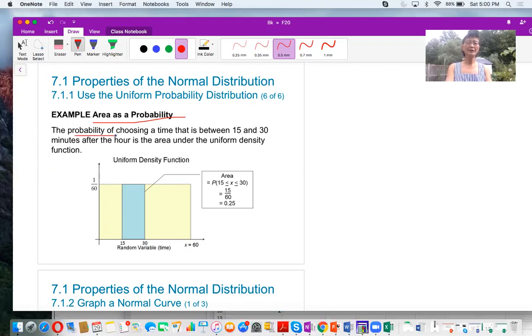The probability of choosing a time that is between 15 and 30 minutes after the hour, meaning after 10 a.m., is the area under the uniform density function. Remember, this is 10 a.m., this is 11 a.m. So the probability of choosing a time between 10:15 and 10:30 is the area of this rectangle.